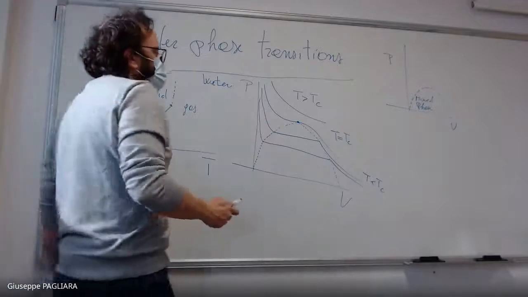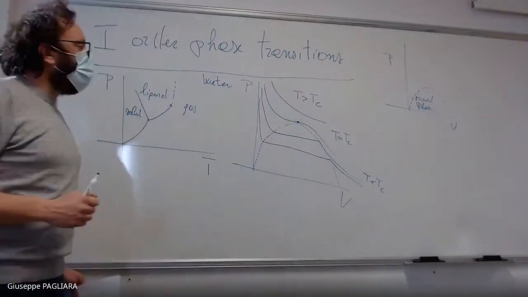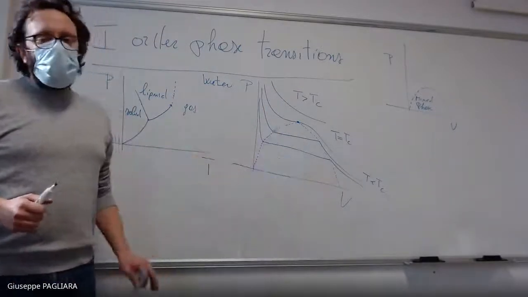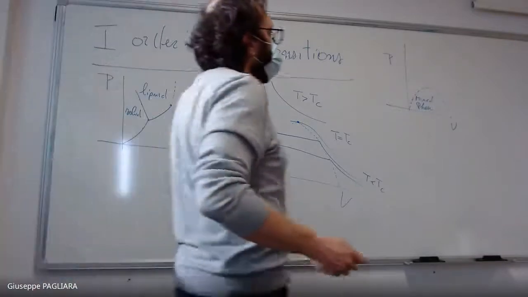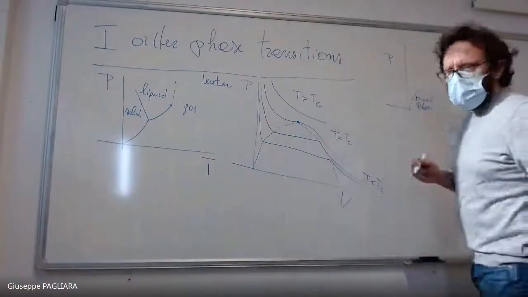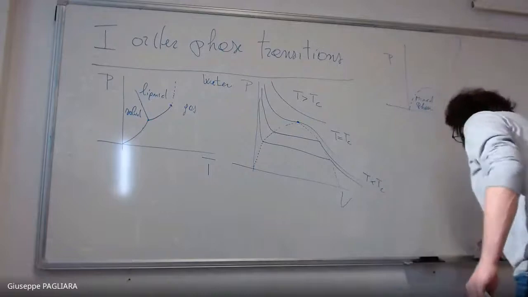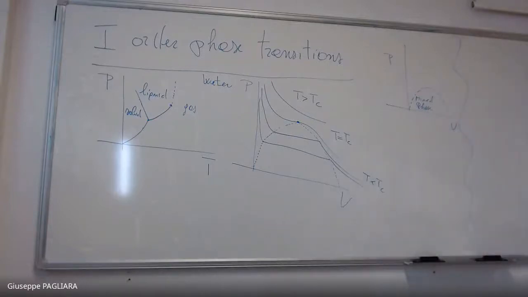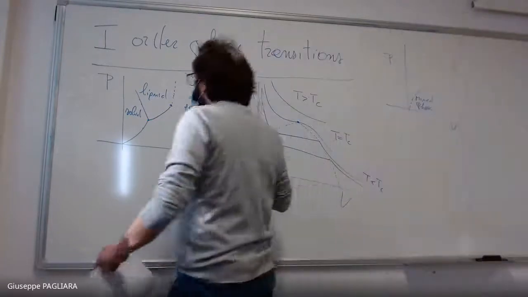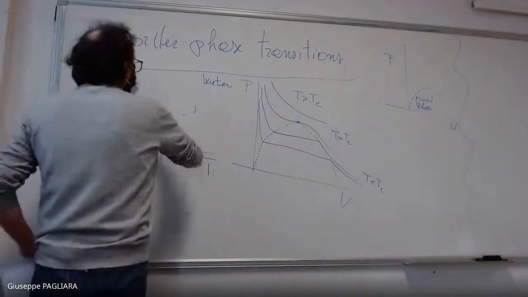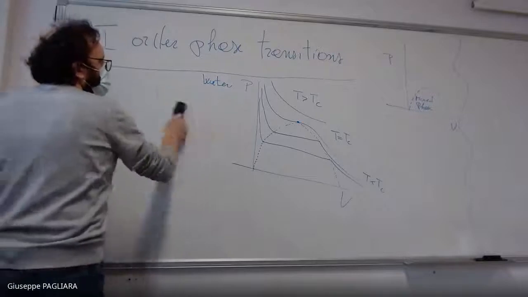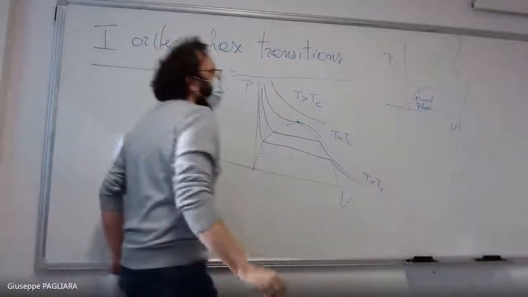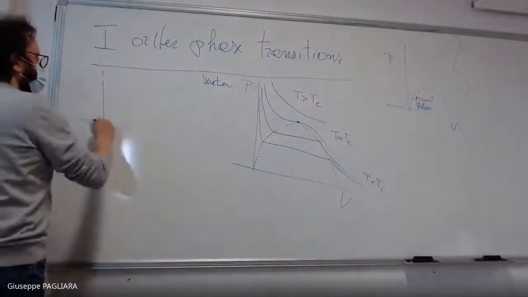Now, it's clear that if you compare those curves with the curve that you have for ideal gas, there's something that we are not really catching here, no? Because for a real gas, let me see, maybe I can write until this line here. For ideal gas, clearly, in the PV plane, what we have is something like that.